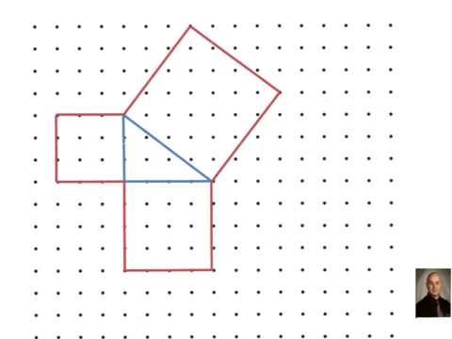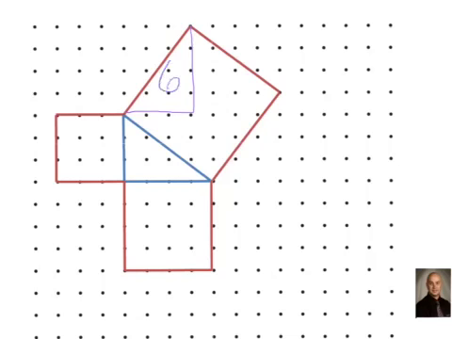Now we can verify the area of that large square, the square that's made by the side of the hypotenuse, by breaking that tilted square into pieces and adding those pieces together. So for example, if I break this into a triangle, the triangle has a base of 3 and a height of 4, and the area of a triangle is found by base times height divided by 2. So that'd be 3 times 4, or 12, divided by 2 is 6 square units.